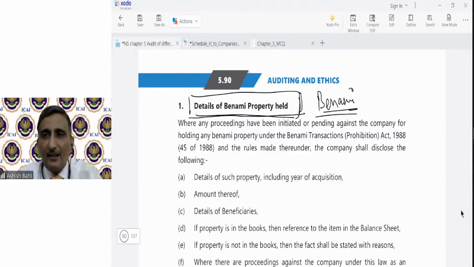Yes, students, what is Benami? Details of Benami property. Do you have any idea? Yes, anyone? Any one of you, do you have any idea of Benami properties? What is its nature?